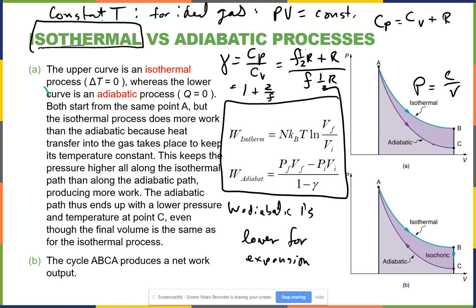What does isobaric mean? Constant pressure. If it's constant pressure, the work is, this is the first one we calculated, pressure times change in volume. Isochoric, what's the work? 0. Boom. Isothermal, this upper equation. Isobaric, the lower equation.